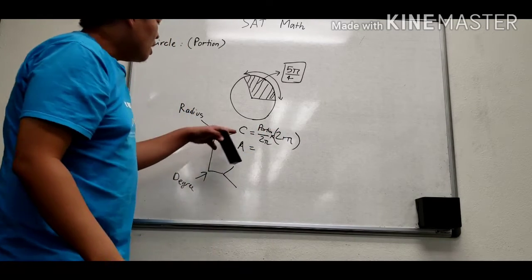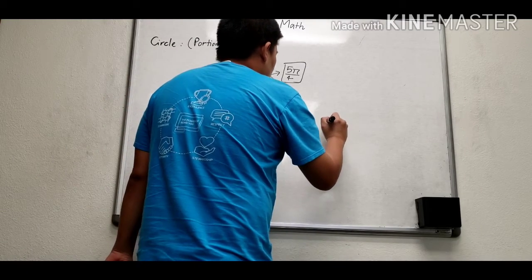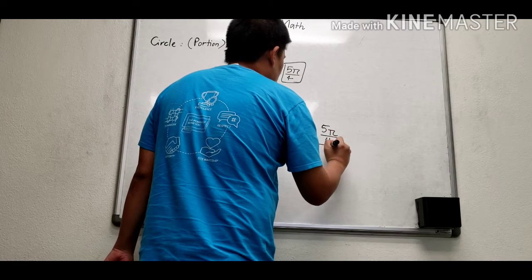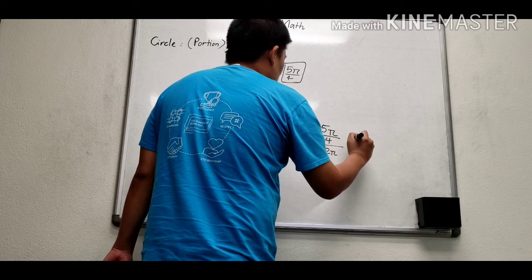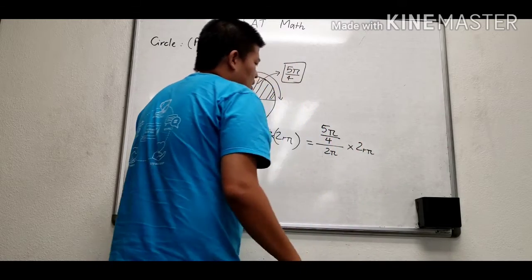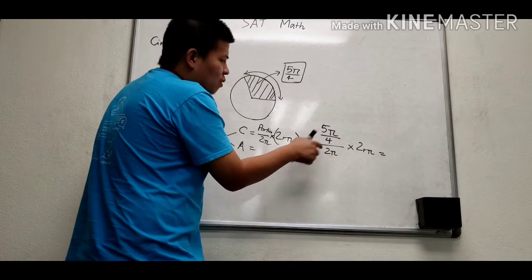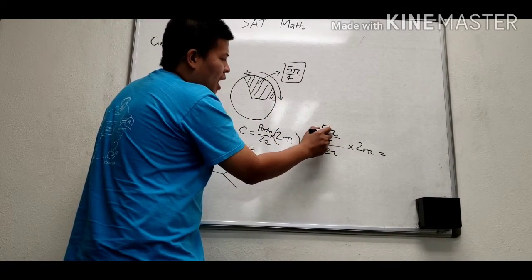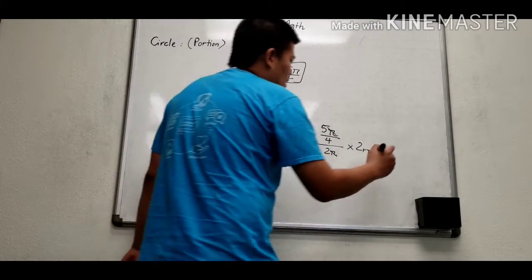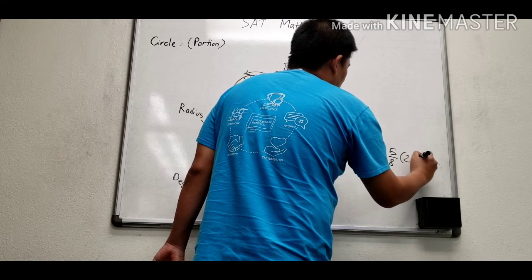For example, if they ask about the circumference, we take 5 pi over 4 divided by 2 pi, multiplied with 2r pi. Here the pi and pi simplify, and you get 5 over 8 multiplied with 2r pi.